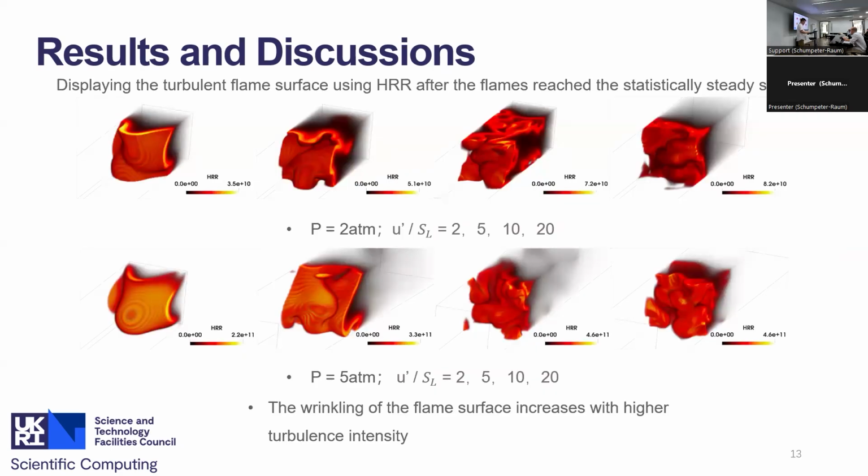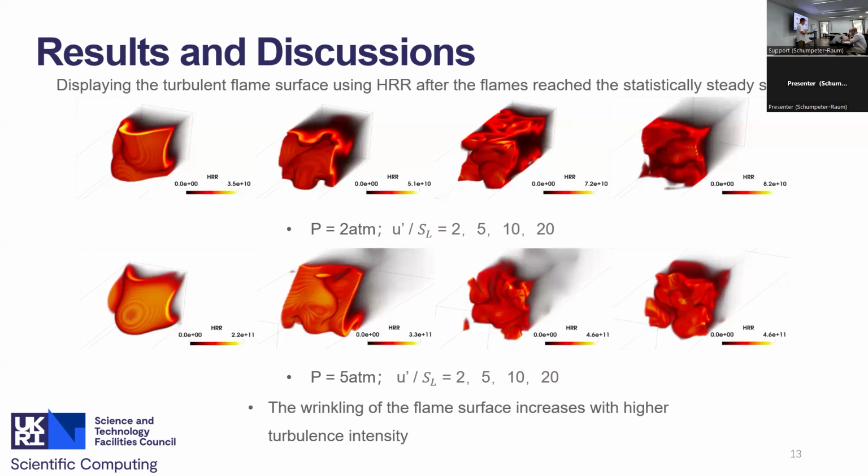So we do some quantitative analysis. This is the comparison of flame surface structure after the flow reaches the statistical steady state. This is the iso-volume of the heat release rate. The upper group shows the results at 2 ATM. The bottom four are the results at 5 ATM.